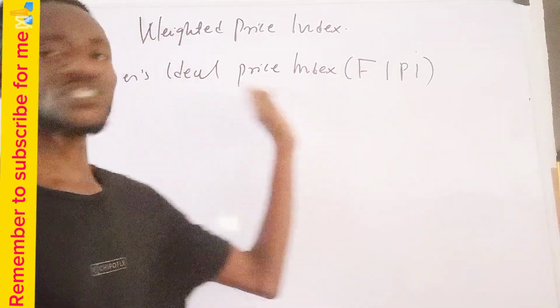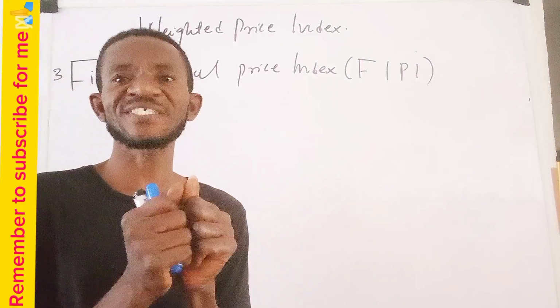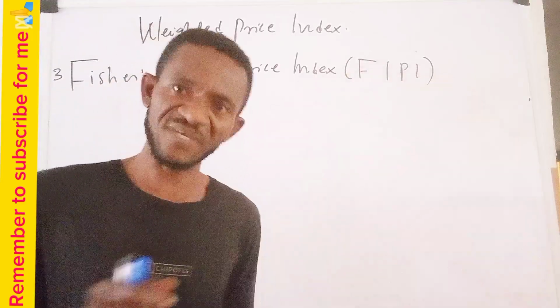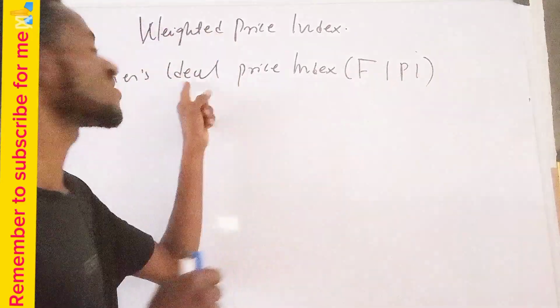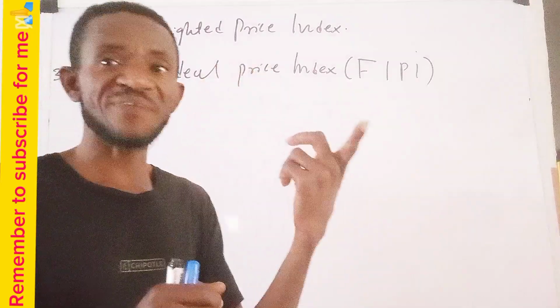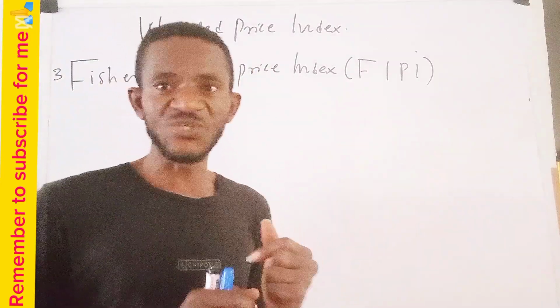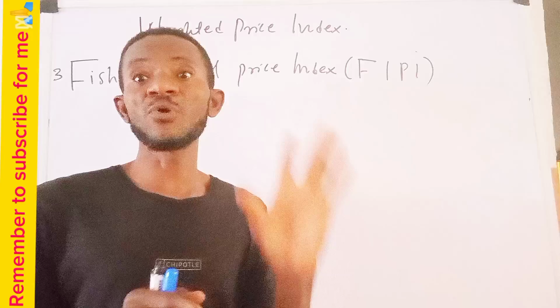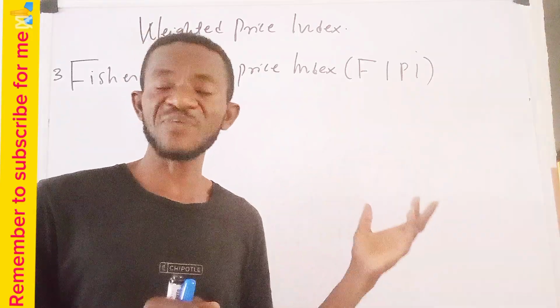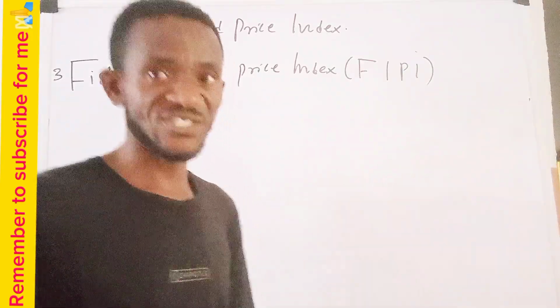And then this man is trying to reconcile the two formulas in order to address their shortcomings. That's the reason why he's using the word ideal price index. It is the geometric product of the Laspeyres and the Paasche.